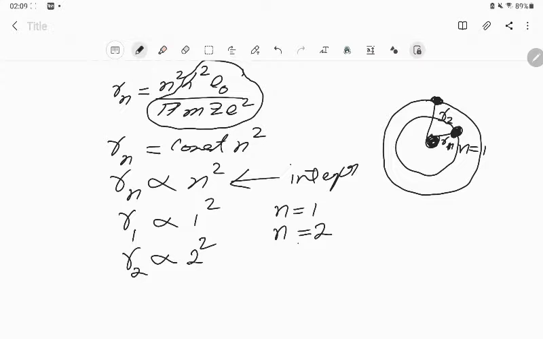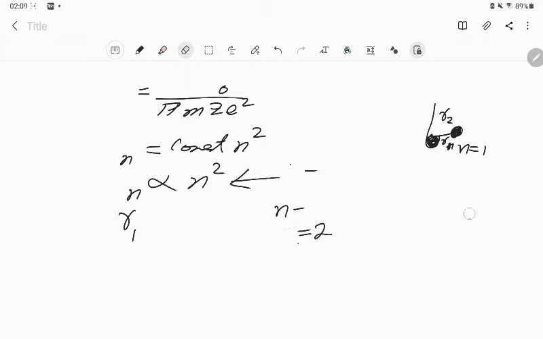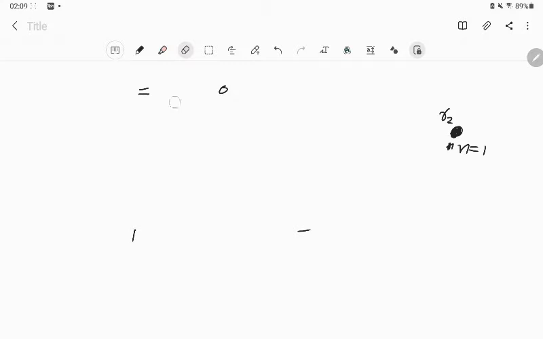So we will have the same diagram as yesterday. That is the nucleus, again the nucleus.